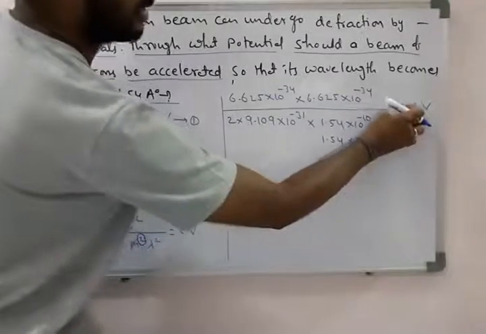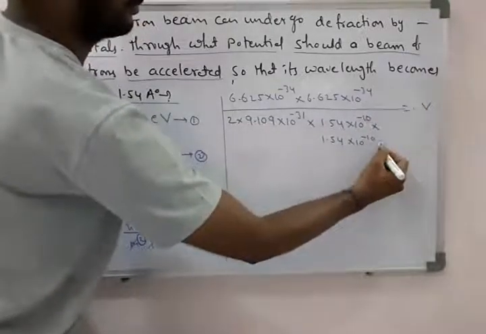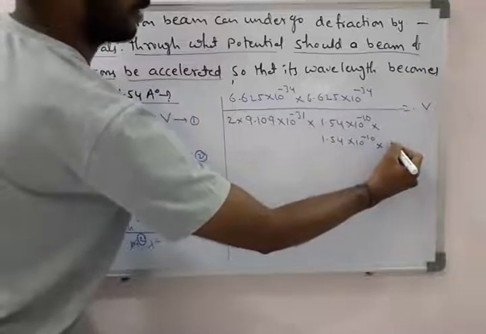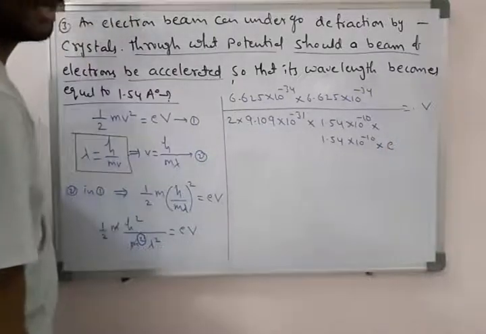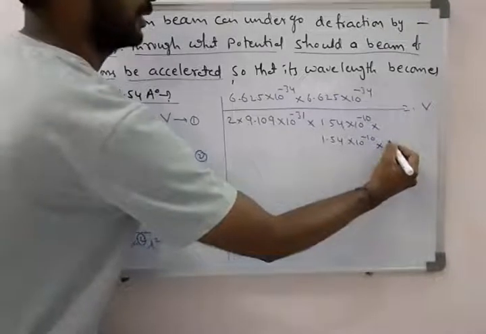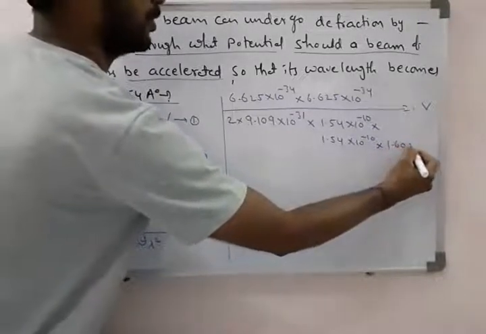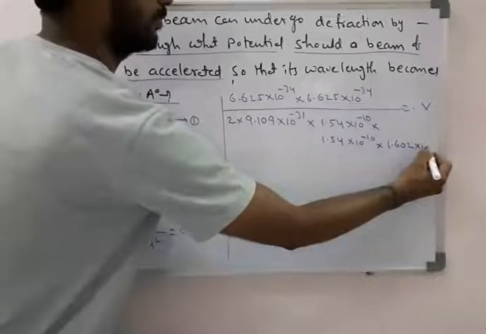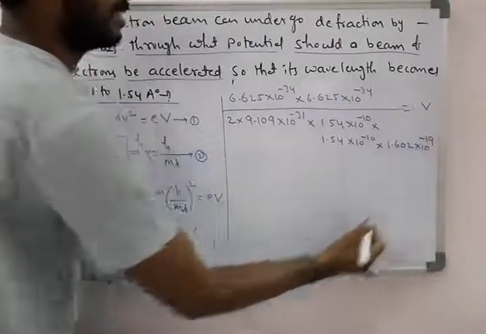You know the charge of that electron, 1.602 into 10 to the power of minus 19 coulombs.